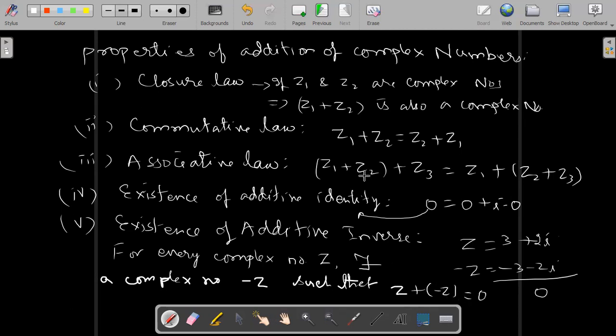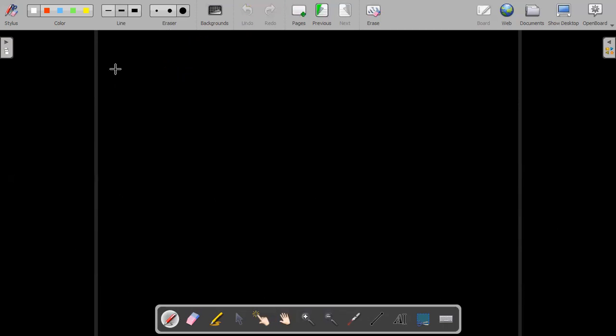So for every number there should be a number which can be added to give 0. Here 0, because 0 is the additive identity. Okay, so this way we can add, and subtraction is also the same thing. Subtraction is the addition. We can say the subtraction of two complex numbers is z1 minus z2.